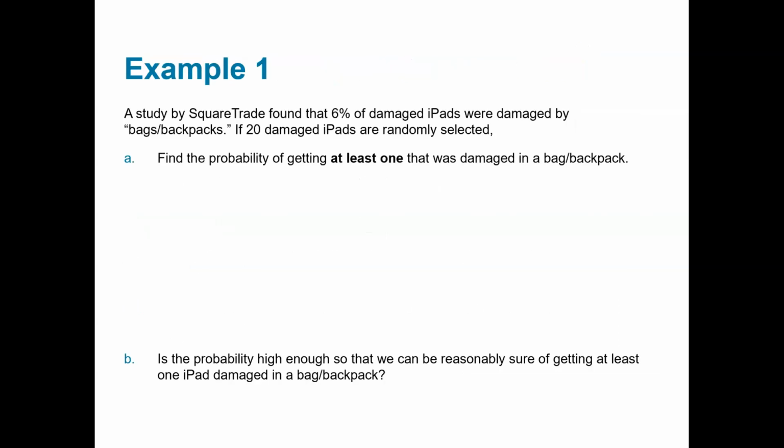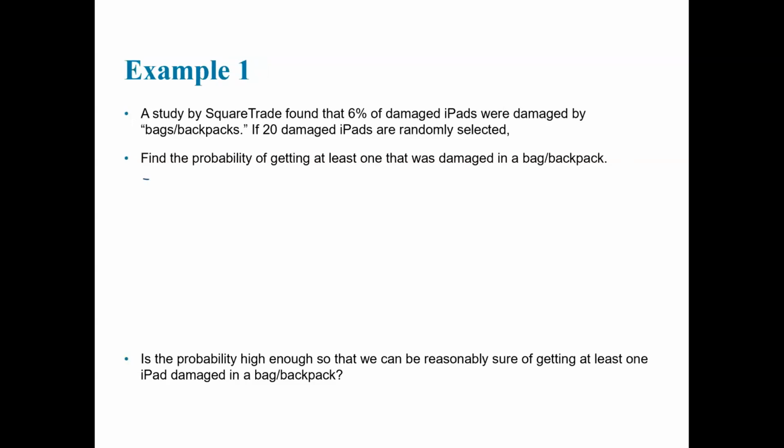A study by Square Trade found that 6% of damaged iPads were damaged by bags or backpacks. If 20 damaged iPads are randomly selected, find the probability of getting at least one that was damaged in a backpack. Okay, so our A here is at least one that was damaged in a bag or backpack. So we want to know what the not A is.